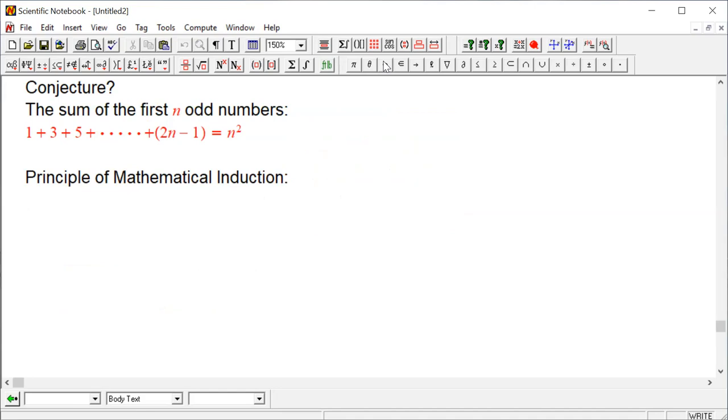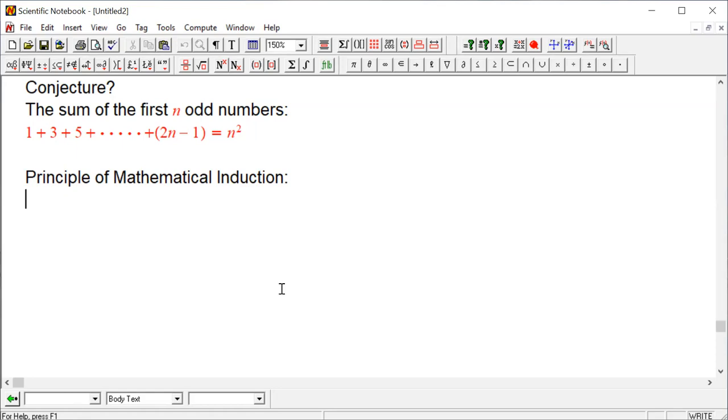Okay, it has basically two steps. Some say three steps, but primarily it's really just two steps. First of all, we have to specify the conjecture for each natural number.